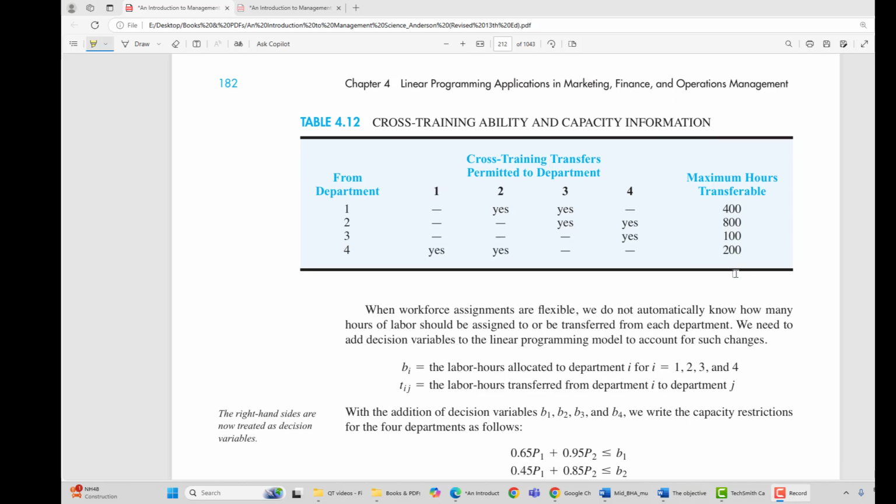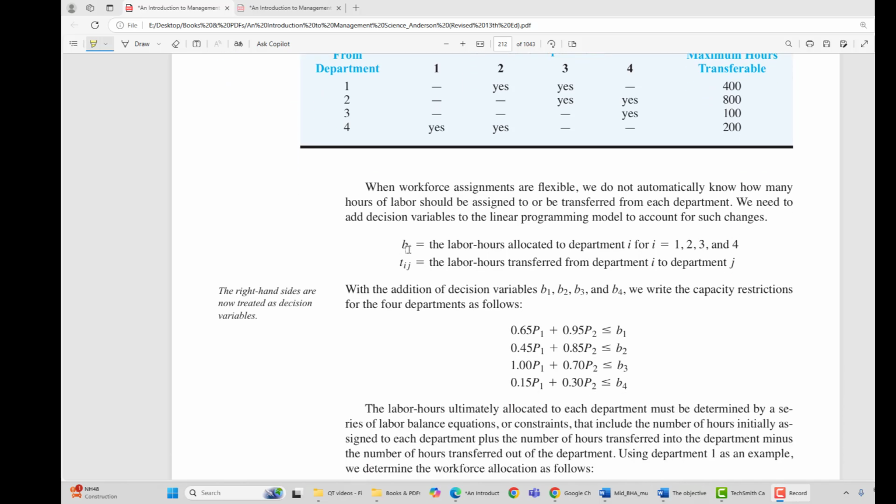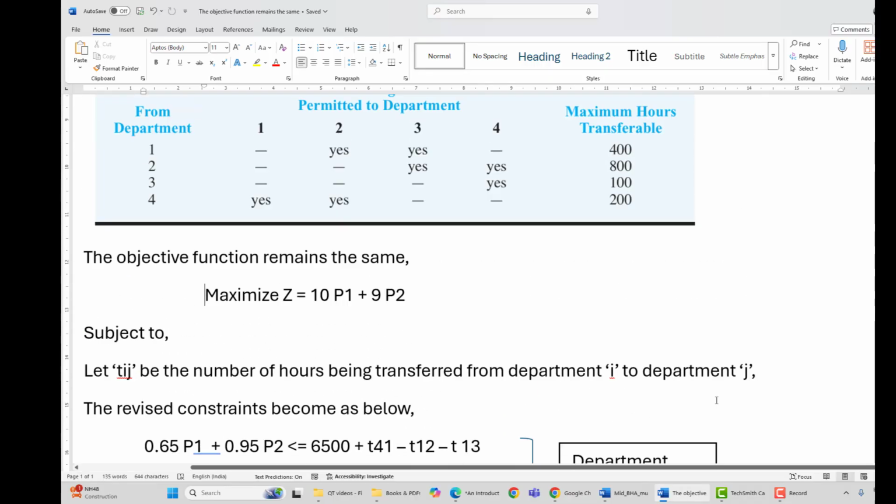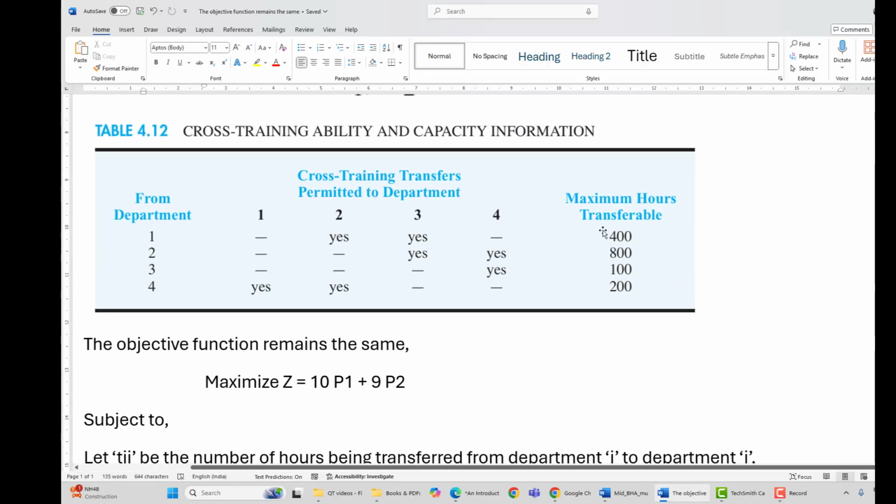Now the author has introduced separate variables Bi, and then it becomes a little more complicated. So instead of that, I have a very straightforward solution, and I'm just showing you that problem here.